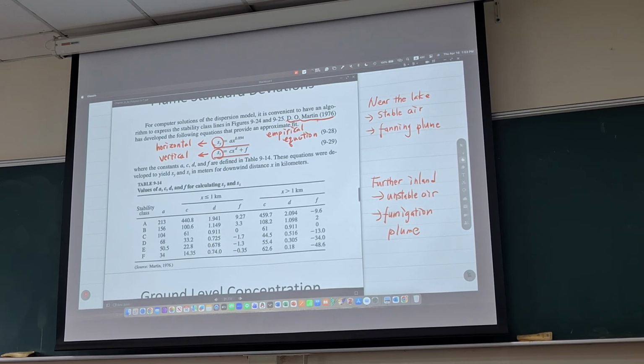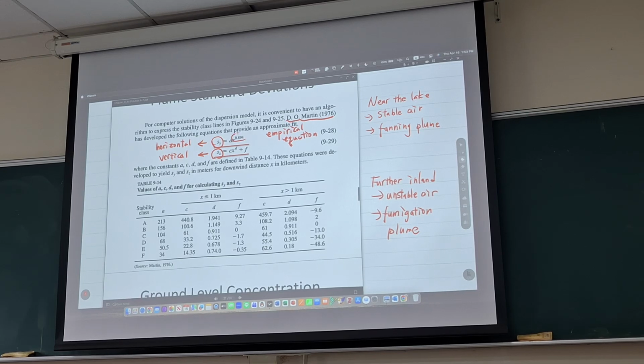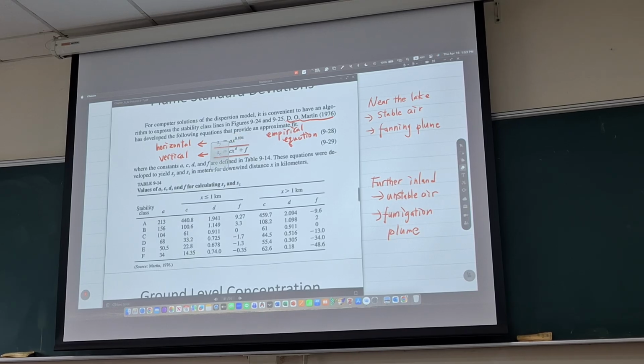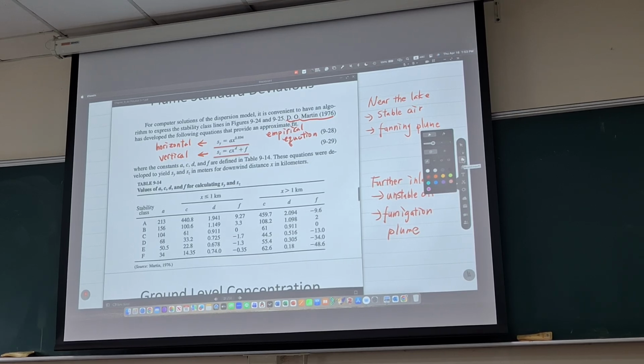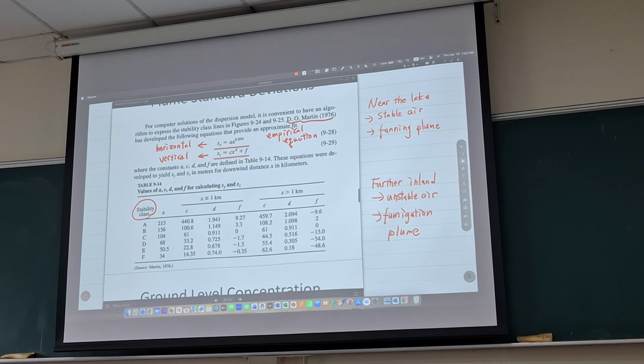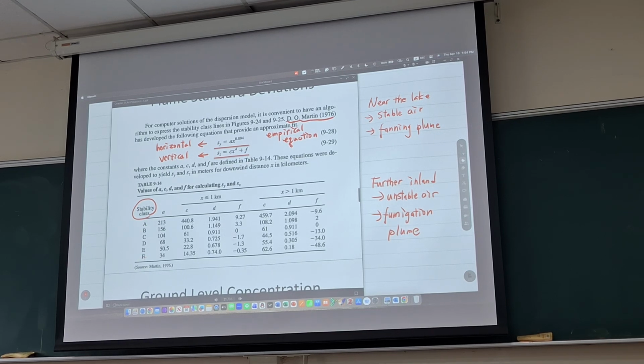So the value is this. After calculations, the value can be classified into stability classes from A to F.